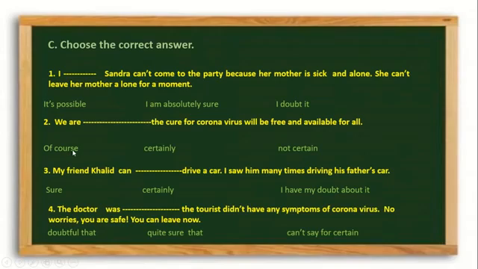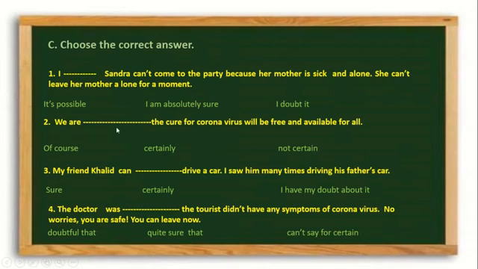We are, of course, we are certainly, we are not certain. Students, remember that certainly should be placed before a verb. I will certainly come. She will certainly succeed. I will certainly confirm.